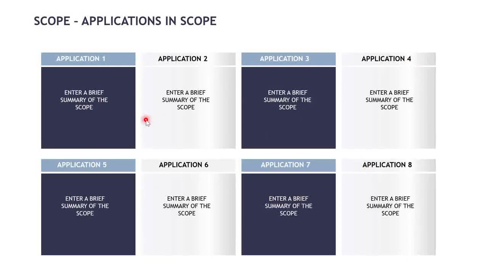If it's one application having multiple large-size features, instead of application 1, you can say feature 1, feature 2, feature 3, feature 4, and a brief about that feature. That will work. If you have different modules in your application which you want to cover as part of your in scope, then you can mention module 1, module 2. So it all depends on what is the scope of your program and the project, and accordingly you can update this slide. It's a placeholder slide.